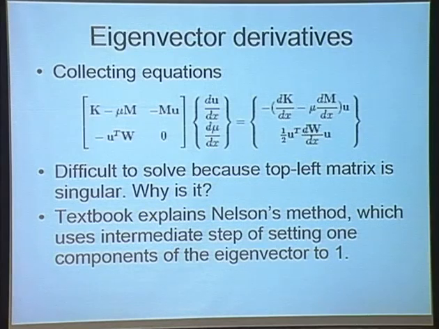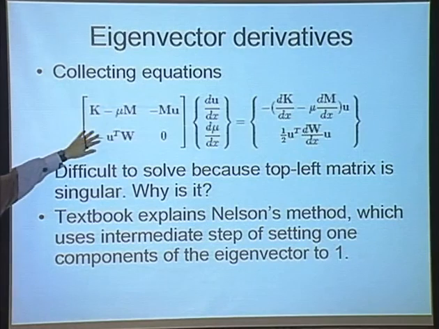If the largest component is equal to 1, what is the derivative of that component with respect to the design variable? 0, right? That is, we keep it at 1. And so that means that we can eliminate one unknown.